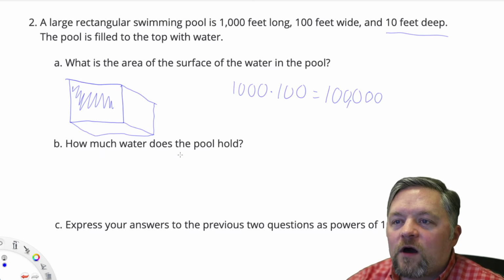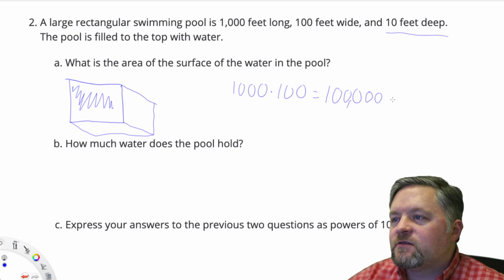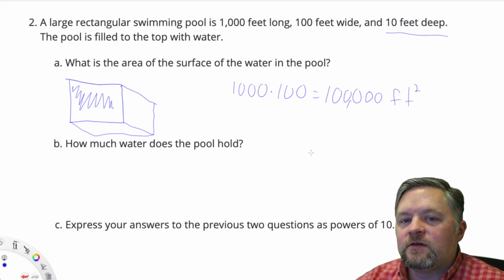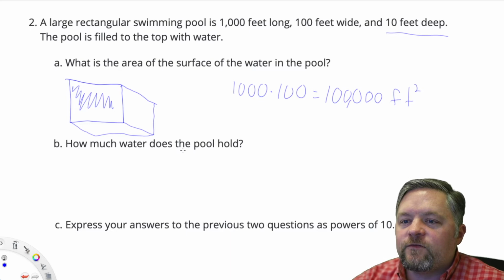How much water does the pool hold? Ooh, we need units, we need units. Square feet. Surface area is measured in square units. Feet times feet. 100,000 square feet. Now, how much water does the pool hold? That's a volume question, so we need length times width times height.